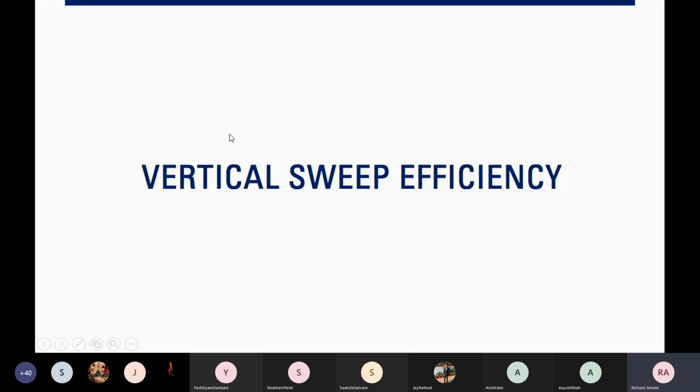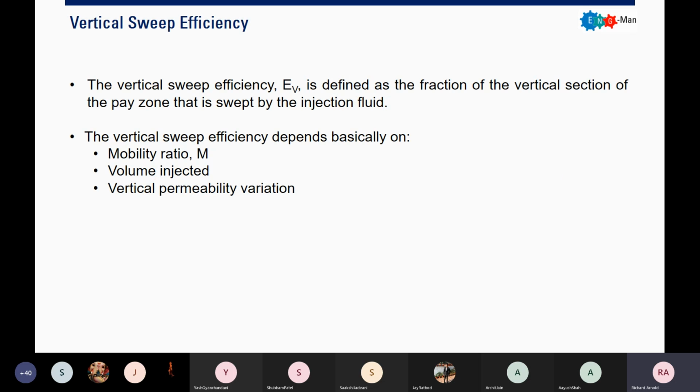And of course, lastly, we will talk about vertical sweep efficiency. Okay, because we want to know our recovery factor. It is displacement efficiency multiplied by areal sweep efficiency and vertical sweep efficiency. Okay, vertical sweep efficiency is defined as the fraction of the vertical section, so it is about a vertical section of the pay zone that is swept by the injection fluid.